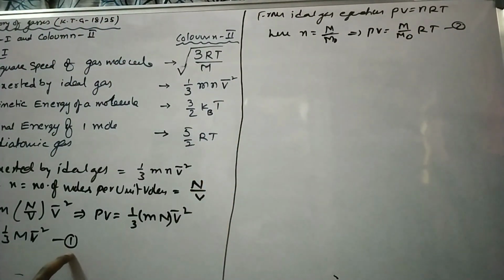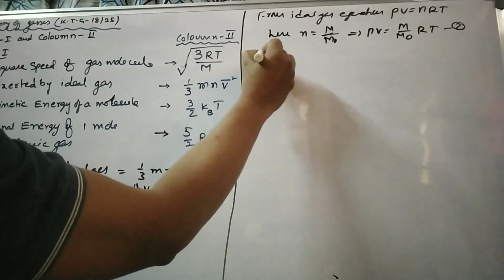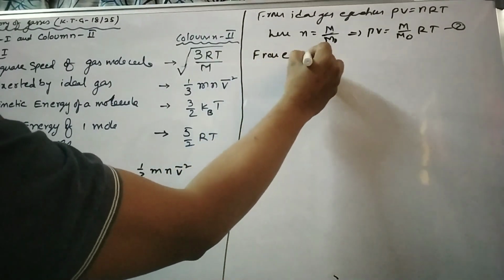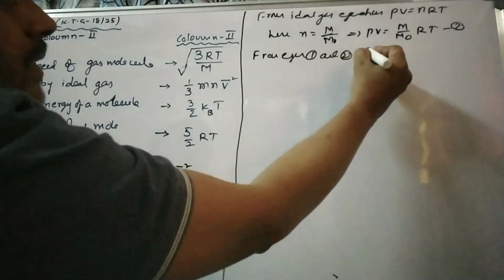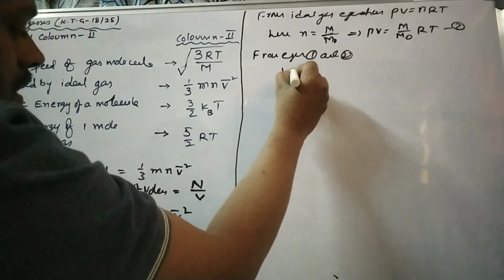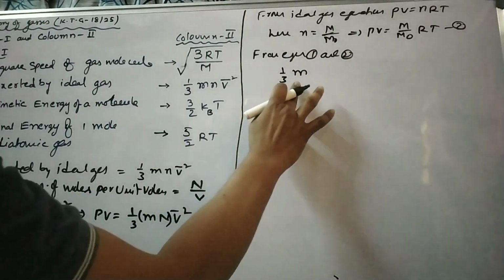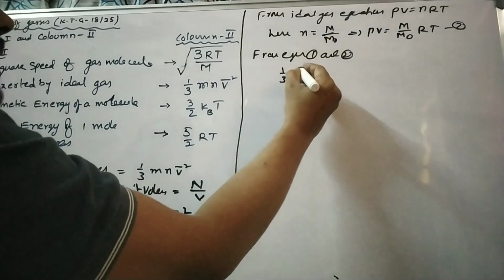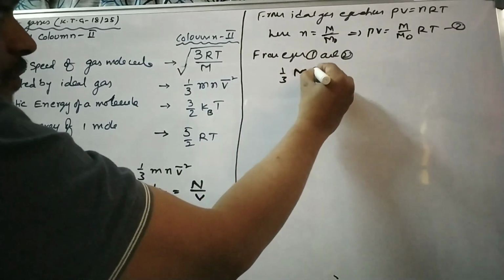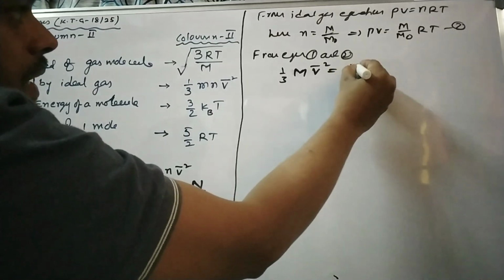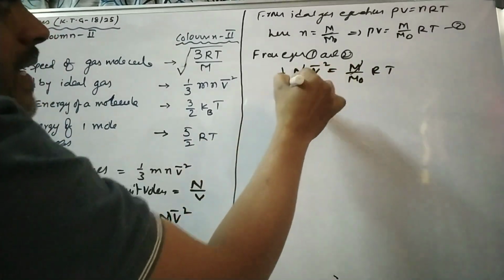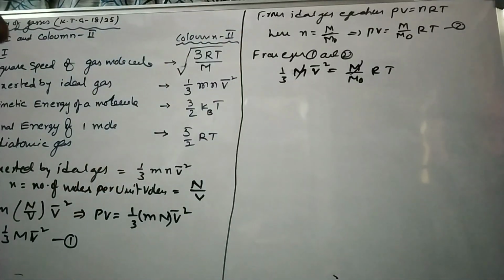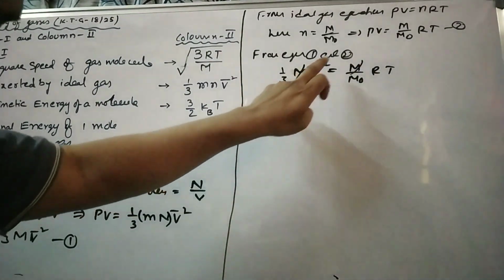So from equations 1 and 2, you may write PV equals 1/3 M v bar square is equal to M by m naught into RT. On both sides, M is cancelled. This V is brought to this side, and this 3 is brought to this side.